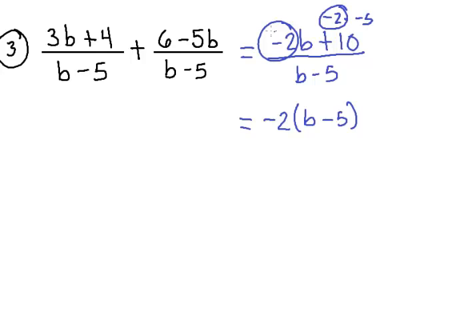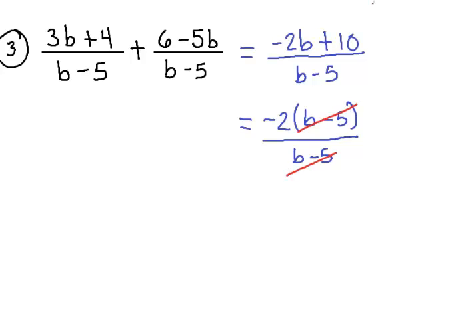So if I take the minus 2, that will leave me with a minus 5 inside. The denominator is b minus 5, so that one doesn't require to be factored. It's impossible to factor. Now notice that in this case, the b minus 5 is up and also down, so we can cancel it. That will leave us only with a negative 2 as an answer. And that will be the process that we need to follow in this case.